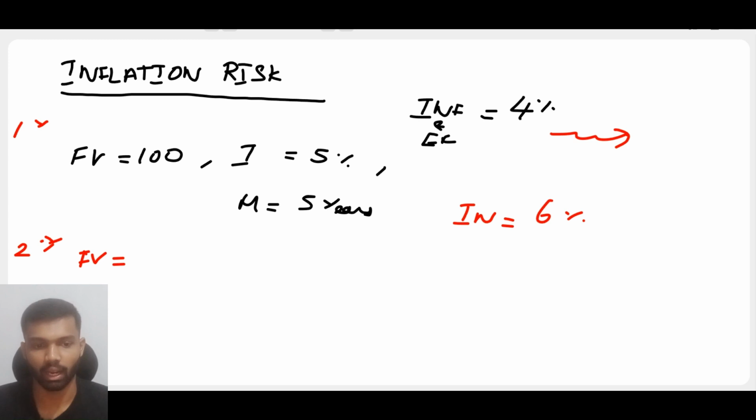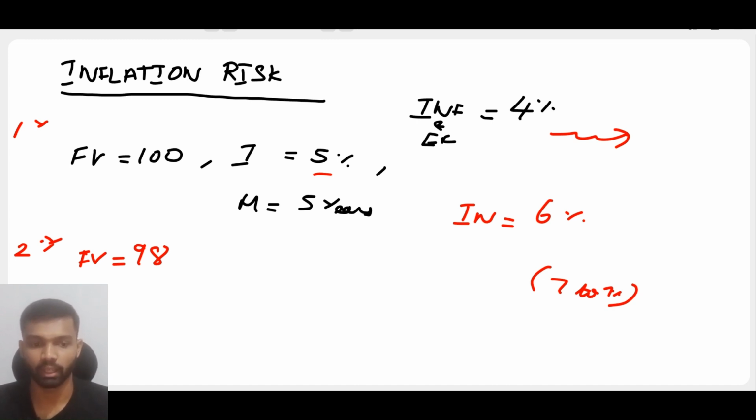It's because in the second year, while inflation is at 6%, the public issue of a new bond will also offer an interest rate of, let's say, 6%. But the bond we have and are going to sell in the secondary market, we can't sell at 100 rupees because the new issue is offering 6%. Why would investors in the secondary market buy the same bond with 5% interest at the face value of 100? Now, if we reduce the price from 100 to, let's say, 98, then the yield to maturity will rise, so that it will attract investors to buy our bond.